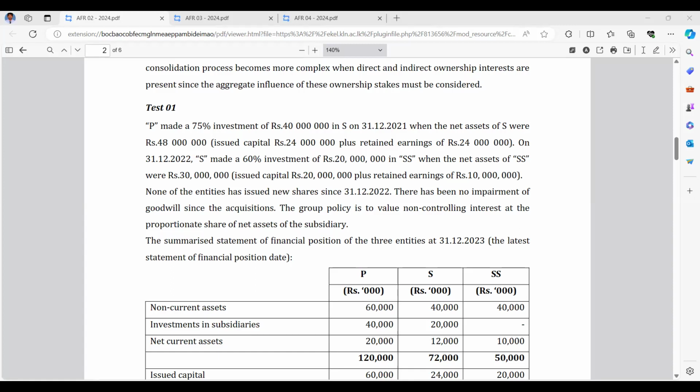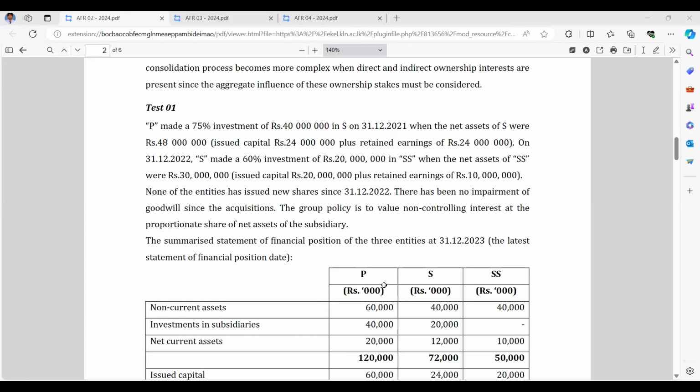In a similar way, again, you can see the issued capital is 20,000. The stated capital is 20,000. Out of this 20,000, you own directly 45%. It means 9,000.